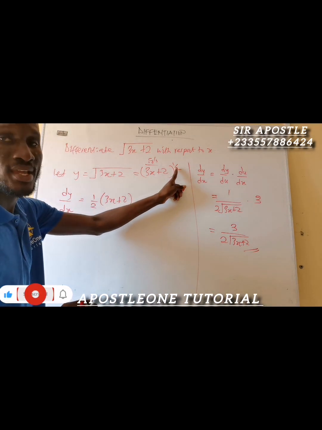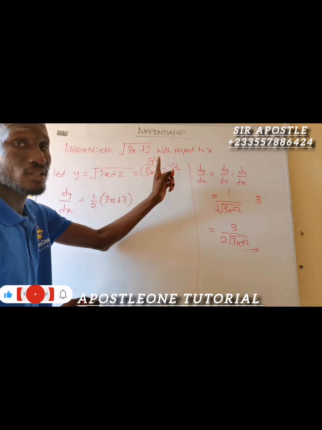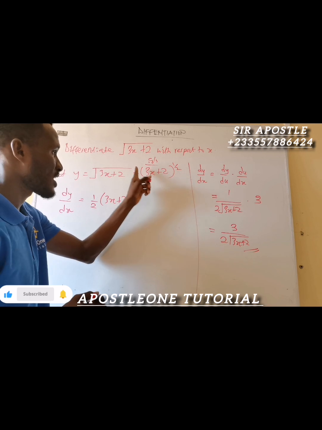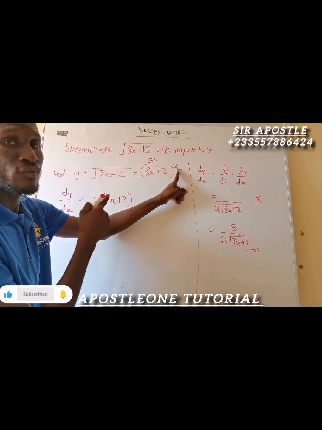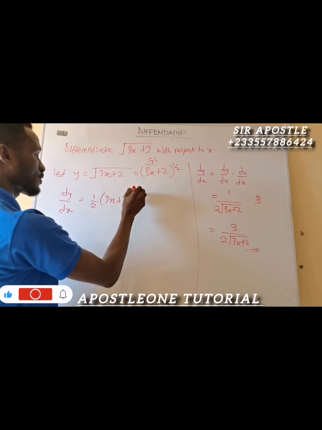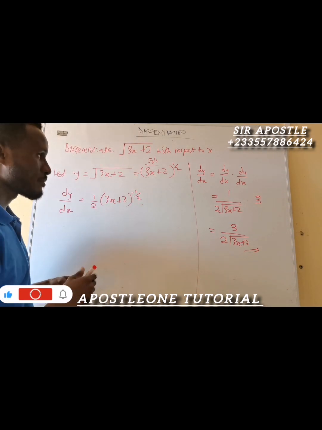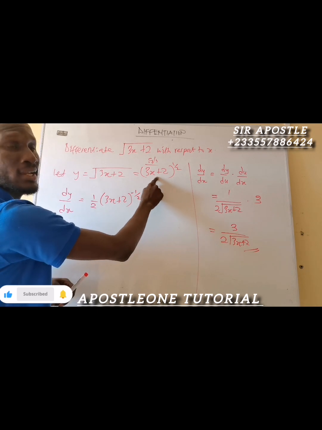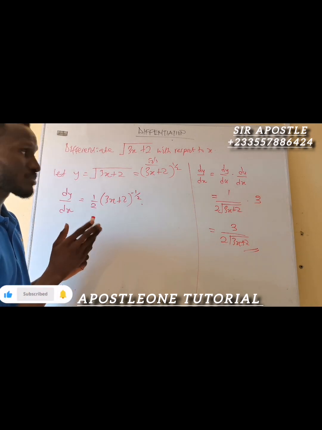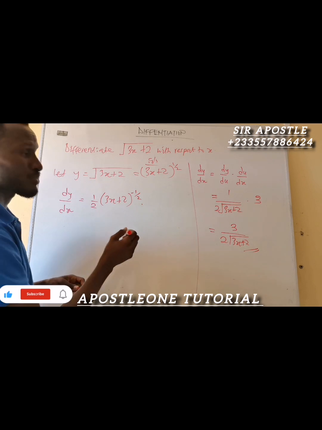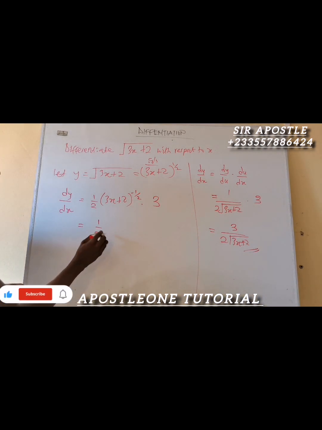Then we reduce the exponent by 1 because we are differentiating the whole thing. 1 over 2 minus 1 will give us negative 1 out of 2. Then we multiply by the derivative of what is inside the bracket, 3x plus 2, which gives us 3. So what will be the whole thing? We have 1 out of 2.